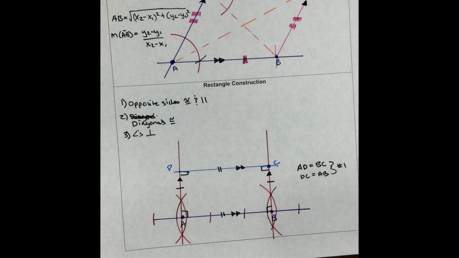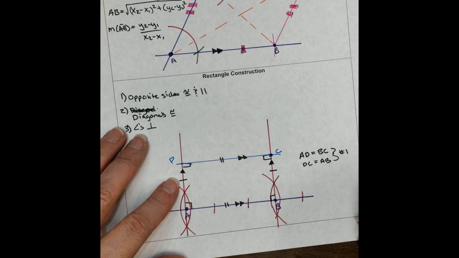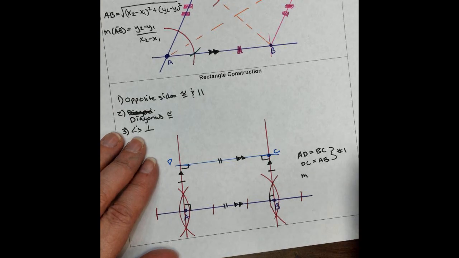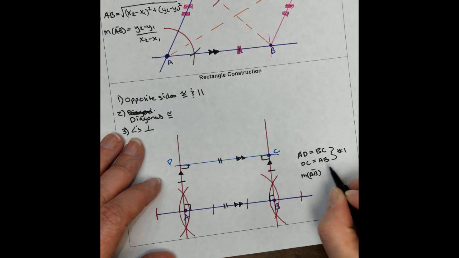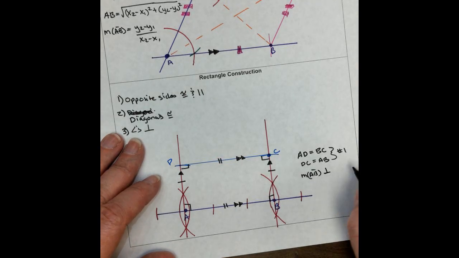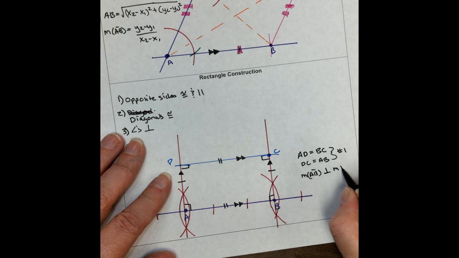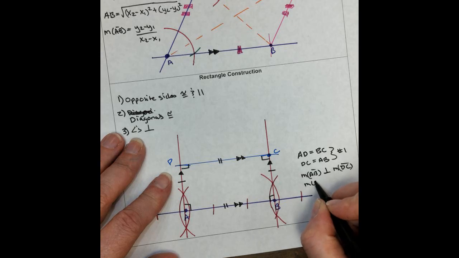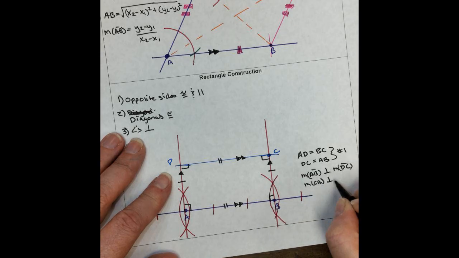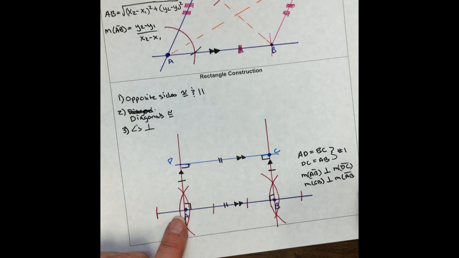Then I have to prove that the slope of AB is perpendicular to the slope of DC. And the slope of CB is perpendicular to the slope of AB.